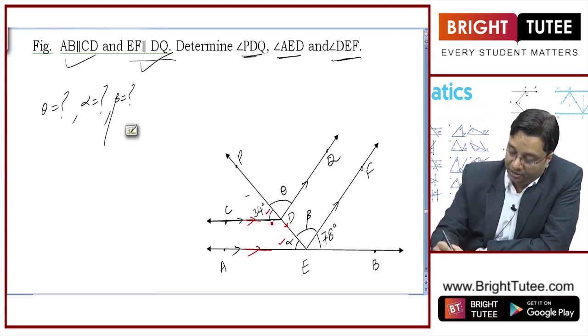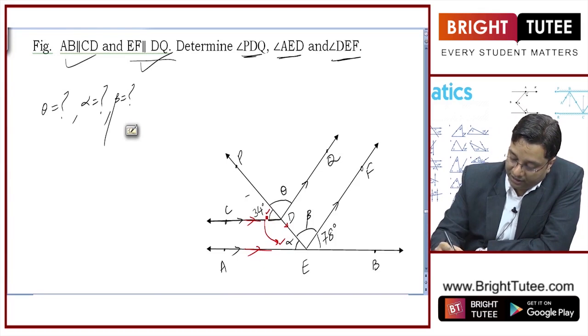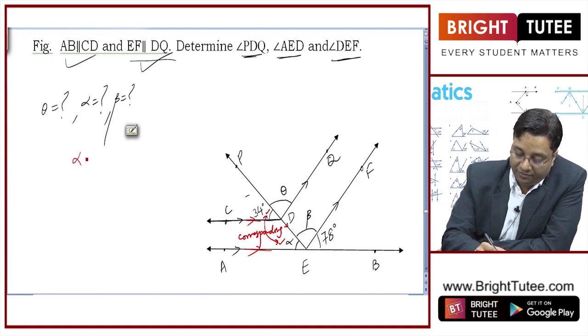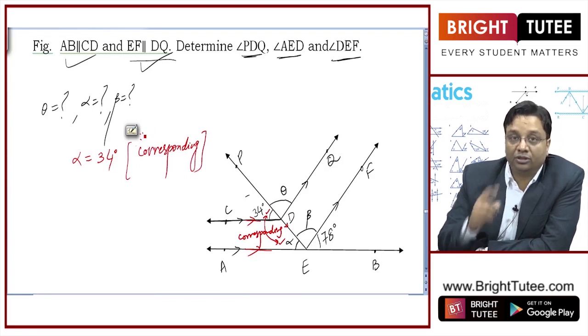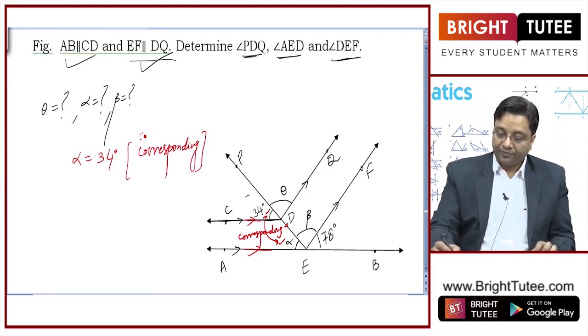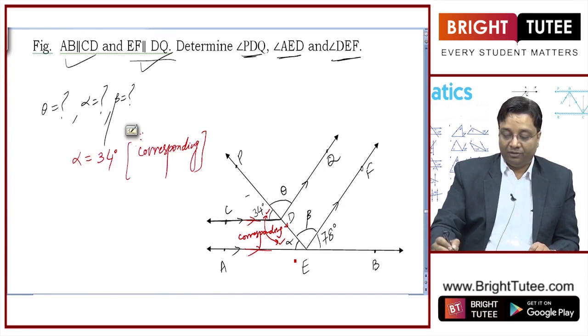Because these are corresponding angles. Okay. So alpha will be equal to 34 degrees. Why? Because corresponding. You need to write because these are corresponding angles. Okay. Right. So alpha I have got.